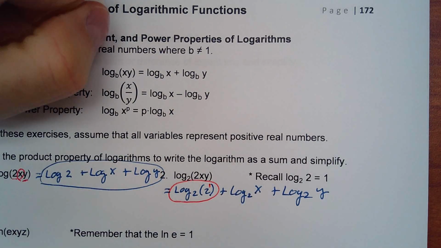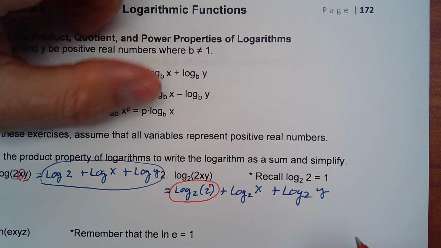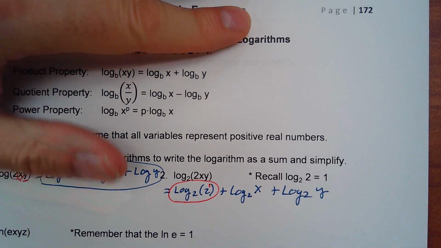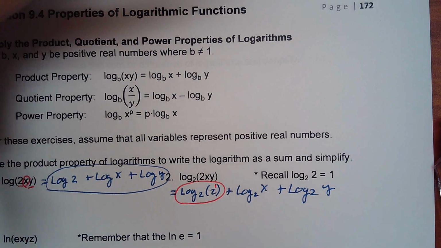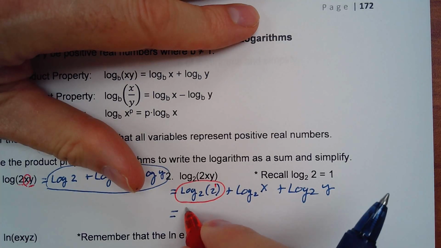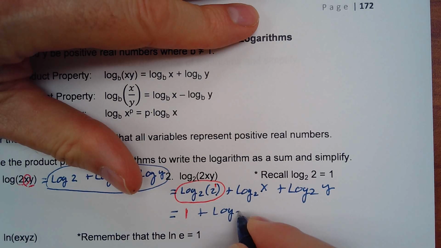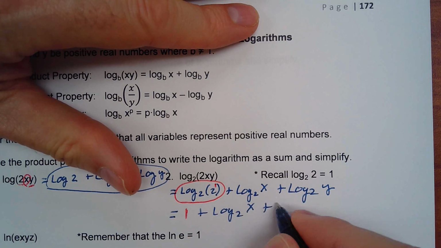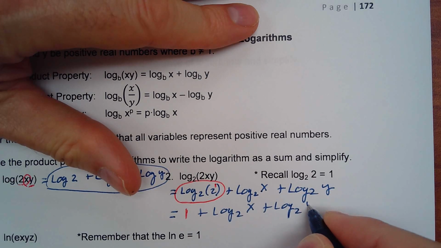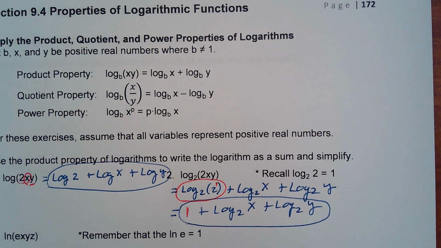I'm just going to get 1 as an answer. So that's why they gave a little hint here: recall that log base 2 of 2 is equal to 1. So I need to simplify that. If you write it this way in ALEKS, it's not going to say it's correct. So we're going to write that as 1 plus log base 2 of x plus log base 2 of y. And so that would be your answer.